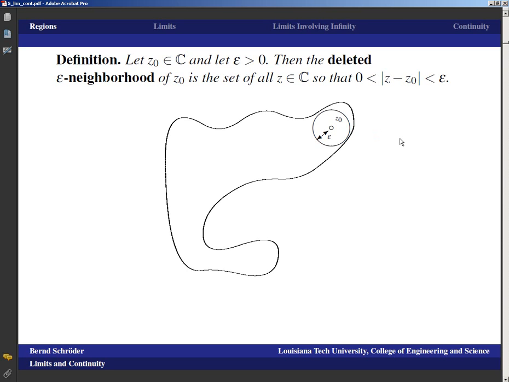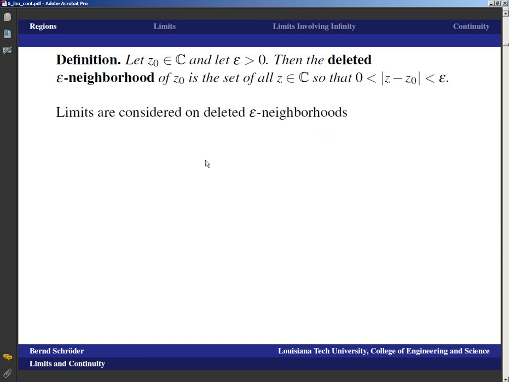That is important because, as we remember from calculus, the idea for the limit talks about what happens near z0, but it doesn't care what happens at z0. So that's where we're interested in these deleted epsilon neighborhoods. Limits are considered on deleted epsilon neighborhoods, and that's because, just like I said, the function is not defined near, but not at a point z0.